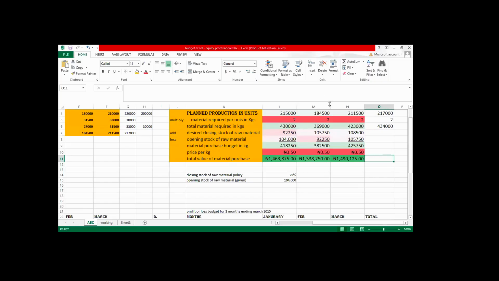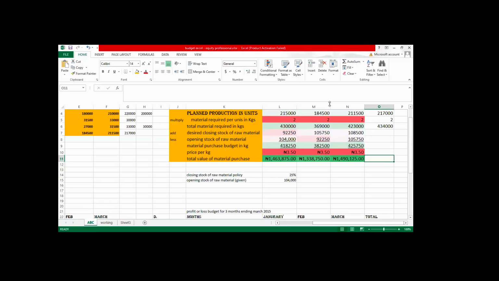Yes, Mike. Yes, sir. I have a question about the last paragraph. For the closing stock of raw material, the policy is to have 25% of the following month production requirement.